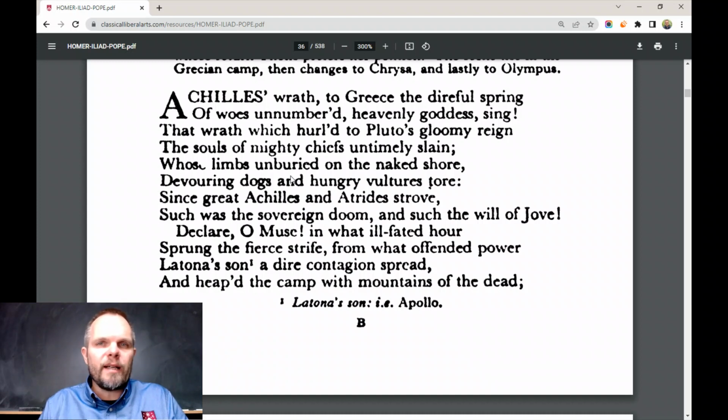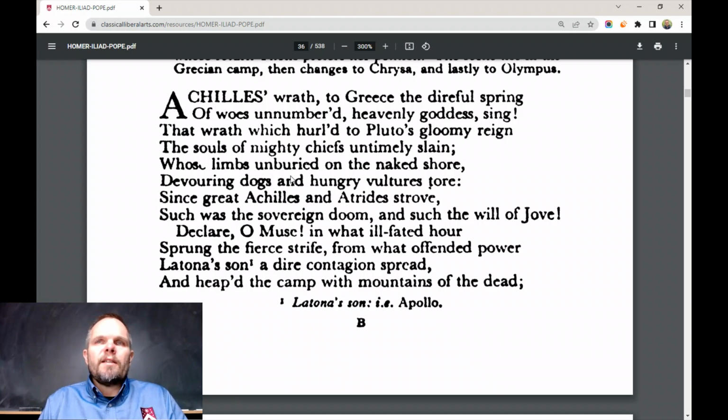Their bodies lie on the coast, and dogs and vultures tore them to pieces. They didn't receive an honorable burial, or they weren't burned as many ancient societies practice with regard to the dead. But instead of receiving any kind of honorable funeral or burial, their bodies were left unburied, and they were torn apart and eaten by dogs and vultures. These great chiefs, these great men of the ancient world were left for dead and torn apart by wild animals.